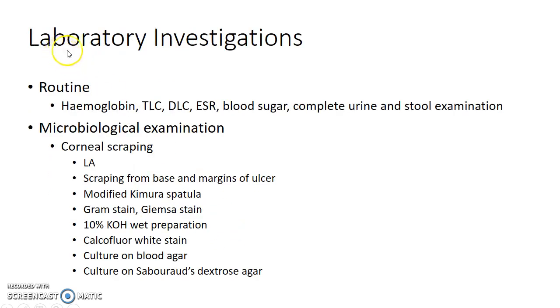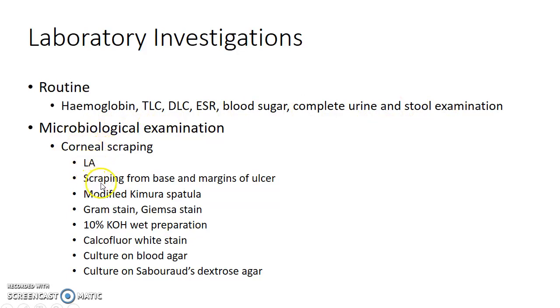Now let us see about the laboratory investigations done for a patient with corneal ulcer. Routine laboratory examinations like hemoglobin, total leukocyte count, differential leukocyte count, ESR, blood sugar, complete urine and stool examination should be done. Microbiological examination should be done. That is, corneal scraping should be taken under local anesthesia.